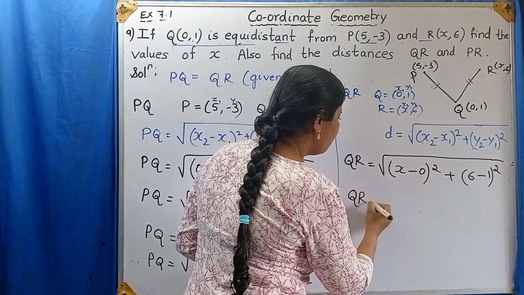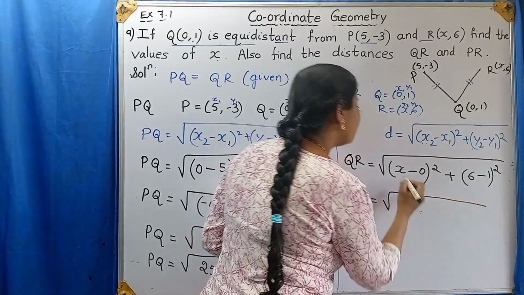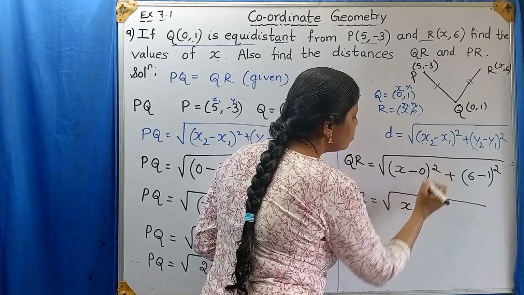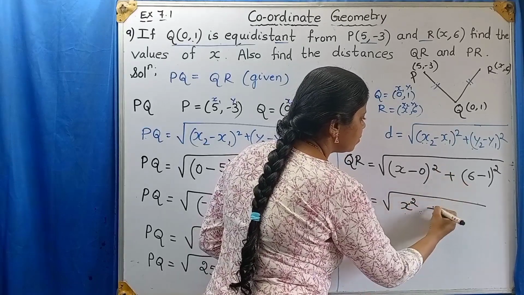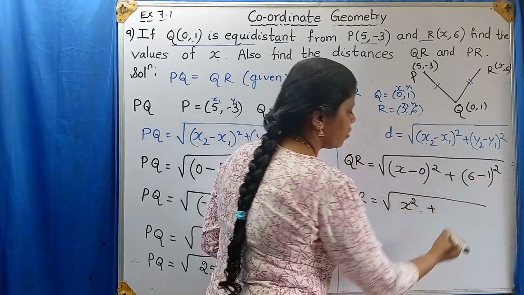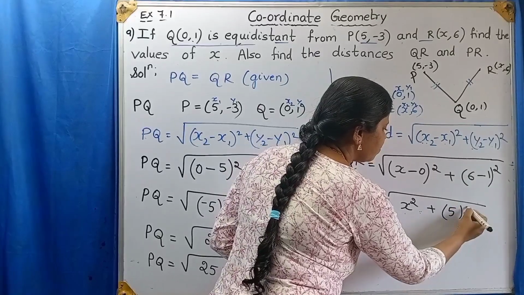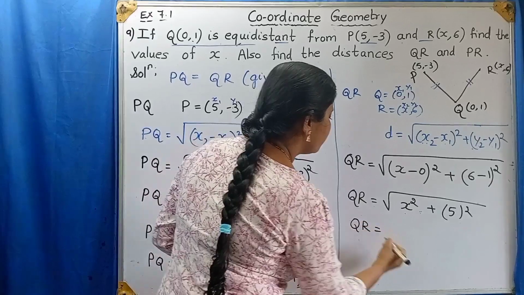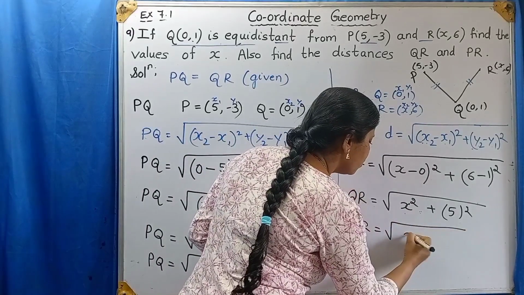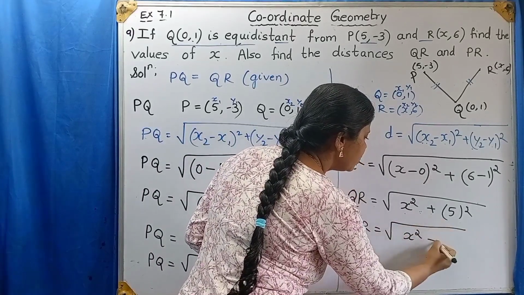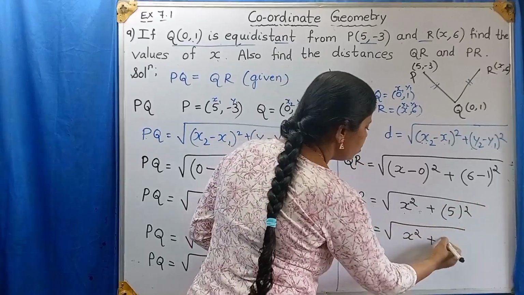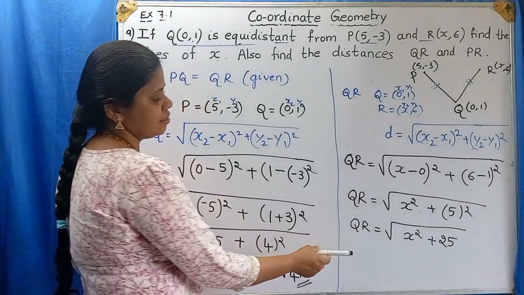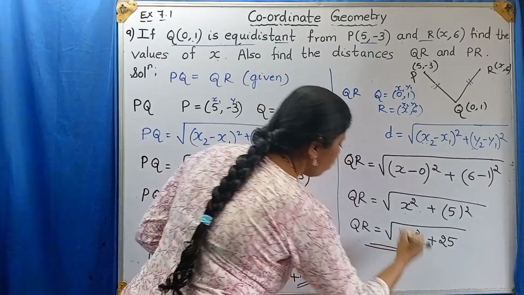QR is equal to square root of x minus 0 is x, x square plus 6 minus 1 is 5, 5 square. QR is equal to square root of x square plus 25. And this is the distance of the point QR.